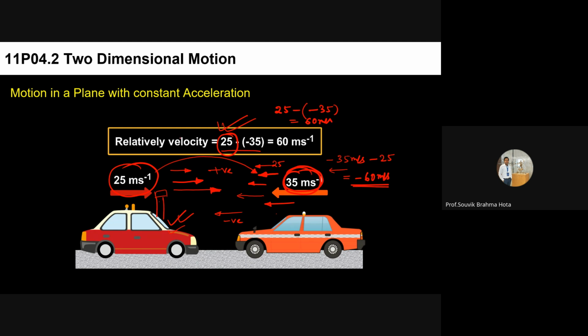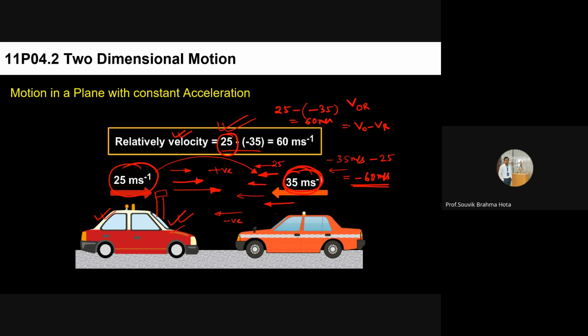The basic concept is that this is the relative velocity with respect to the red taxi. The observer is sitting on the red taxi, so you get it in that way. If you want the velocity of orange with respect to red, you do velocity of orange minus velocity of red.